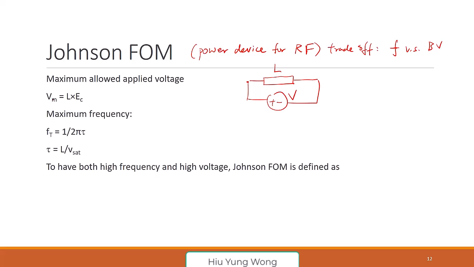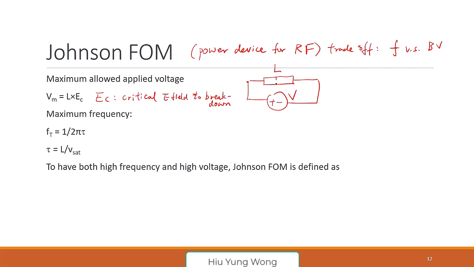It will be L times EC, where EC is the critical electric field to break down. You start applying a voltage, you get a certain electric field. You keep increasing your voltage, and the field keeps increasing. Eventually, the field is very large.